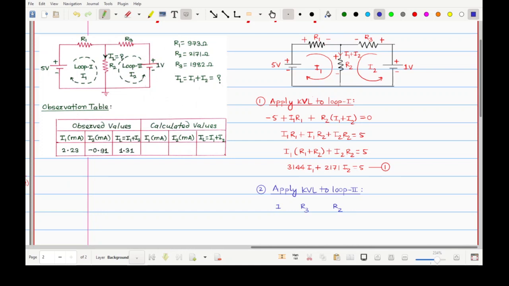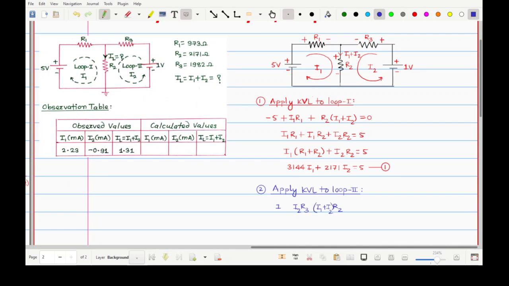And we have to write all these terms in terms of voltage, because we are writing the KVL equation. Through this R3 which current is flowing? I2 is flowing, so we will multiply with I2, so I2 R3. Through this R2 which current is flowing? I1 plus I2, so this current is flowing.